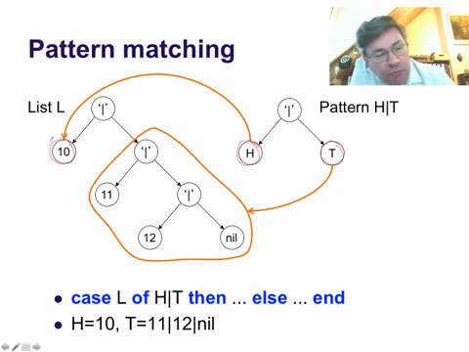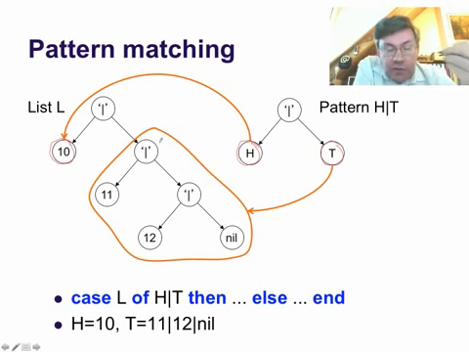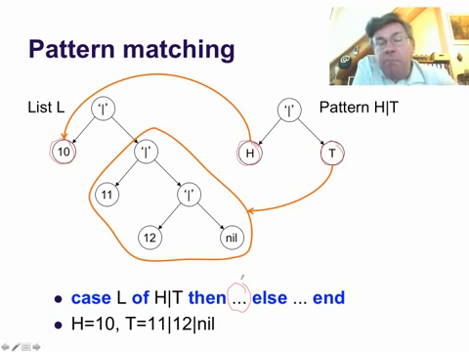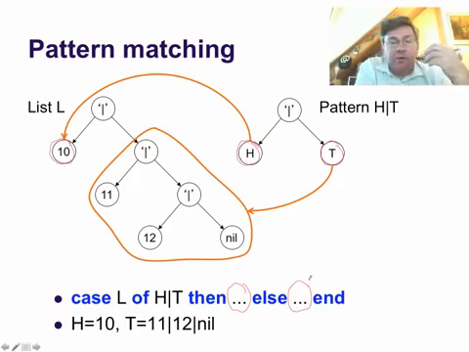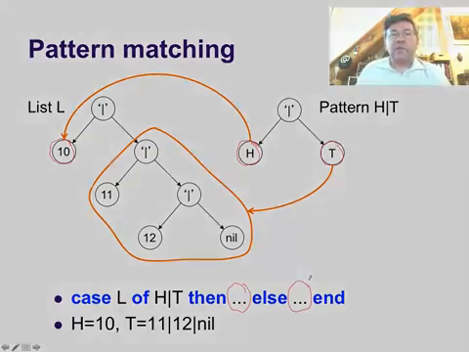So the H will reference 10, and the T will reference the rest of the list here. So this particular case is a case of successful pattern matching, and that means that the then part will be executed. If it would have not been successful, for example, if the list would have been nil and not a list that was not empty, then it would have been doing the else. But in this case, it's doing the then and it's successful.